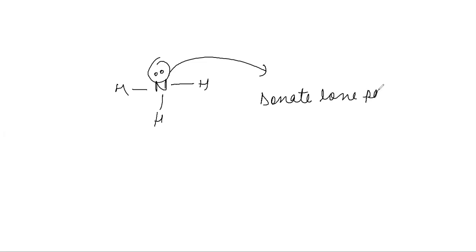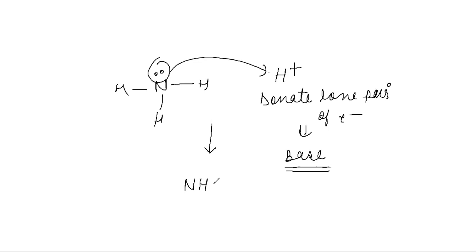Lone pair electron, that is known as a base. So ammonia is a base because it has the lone pair of electrons. It can give it to the hydrogen ion, and when it gives it, it forms the ammonium ion. Right? So that's why ammonia is considered as a base.